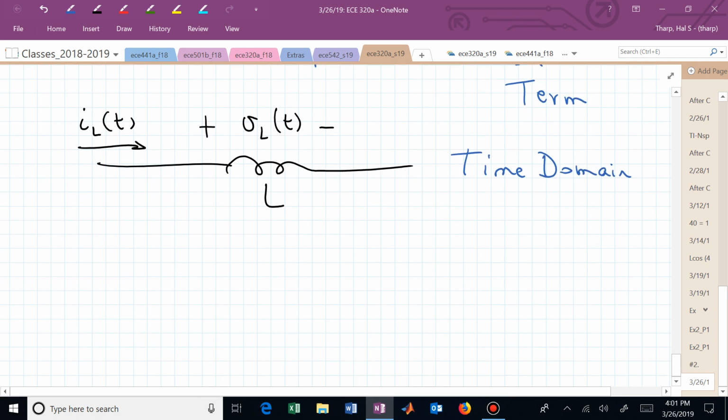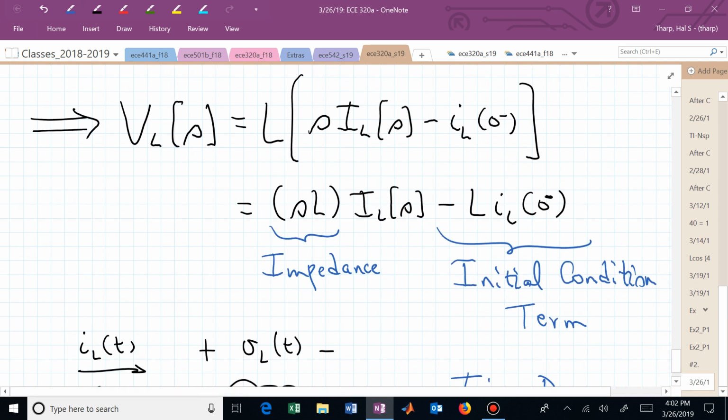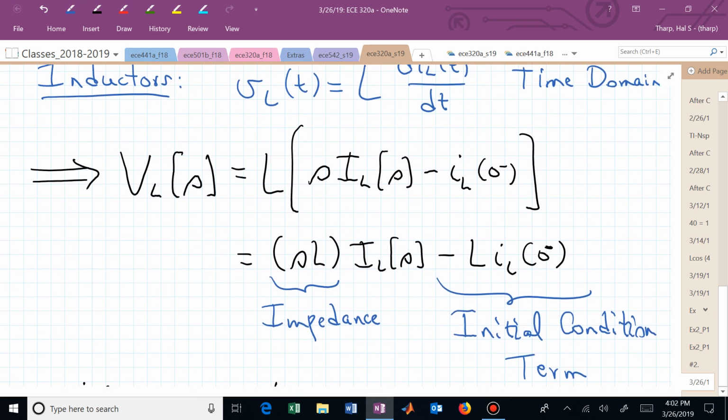In the frequency domain, what does it look like? Now we don't have to solve for anything. It's already V is equal to some impedance times the current, plus a term due to the initial condition. So this is now already in the series form that we need it to be in.